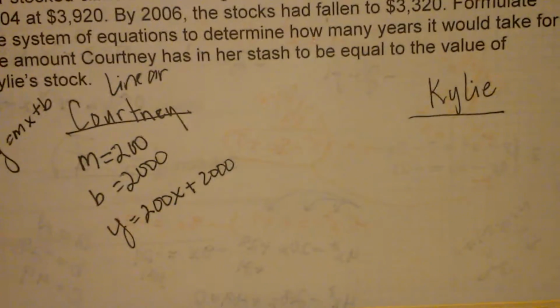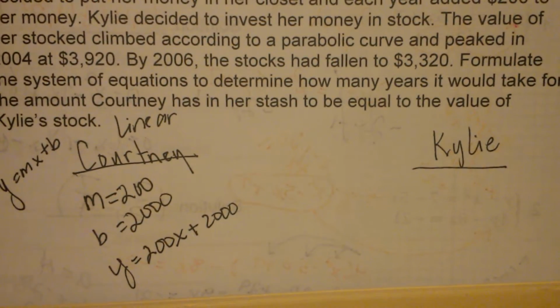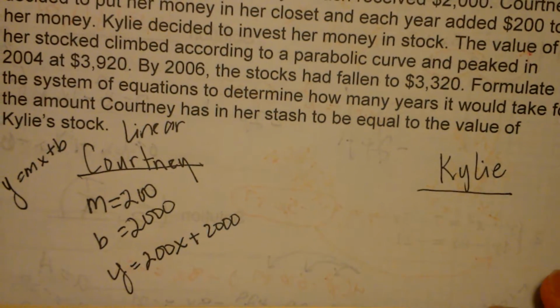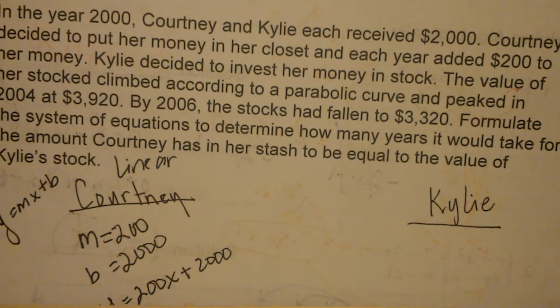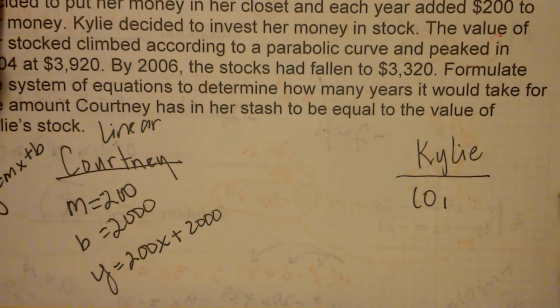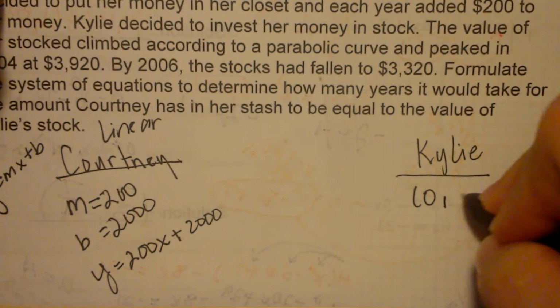Kylie is going to take a little bit more work to figure out her equation. It says parabolic, and it gives us 3 points in time. It tells us at 2000, which I'm going to use as a 0, when she started, she had $2,000.